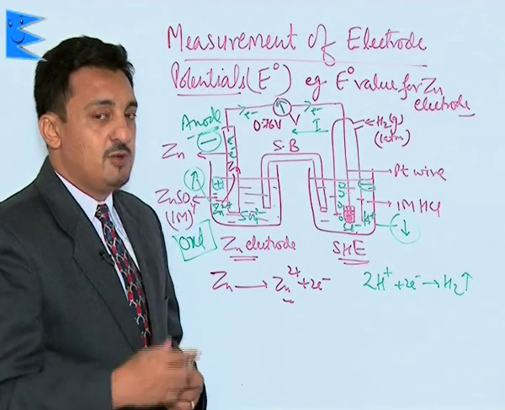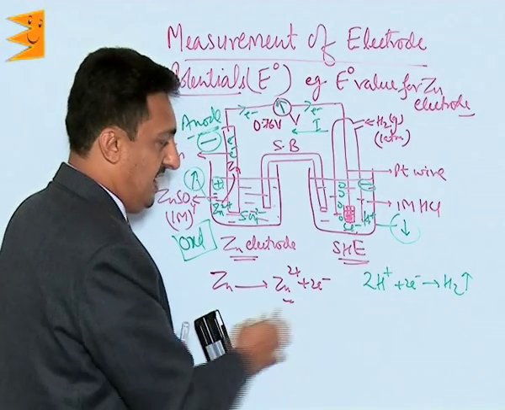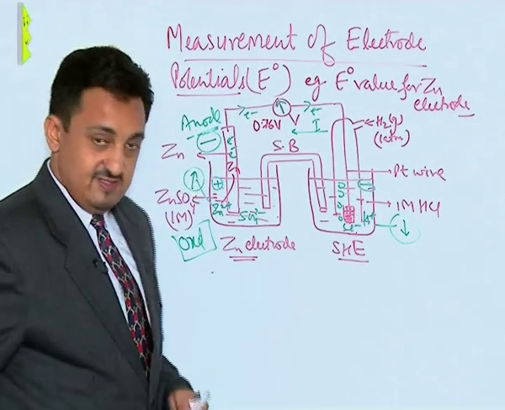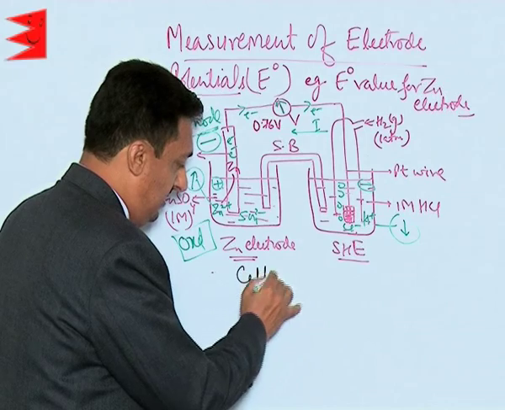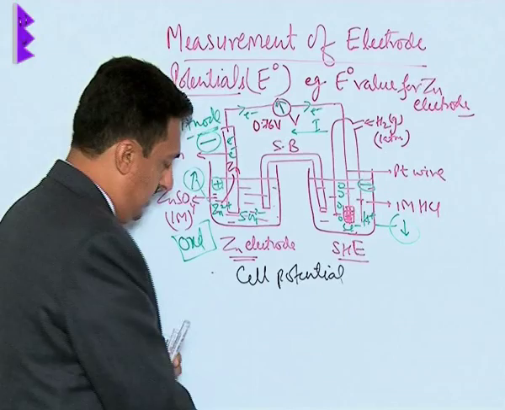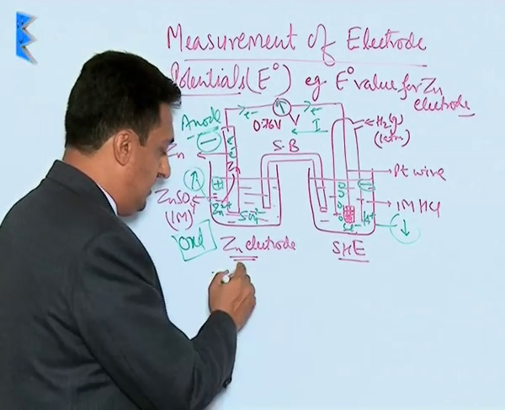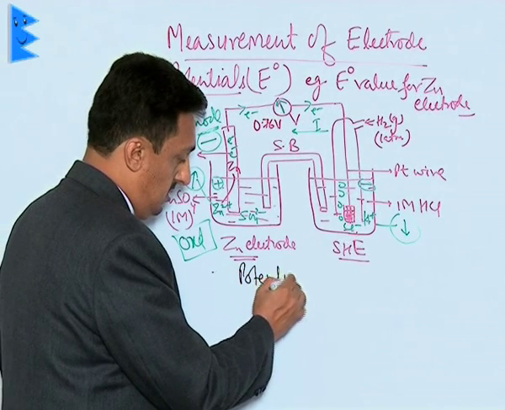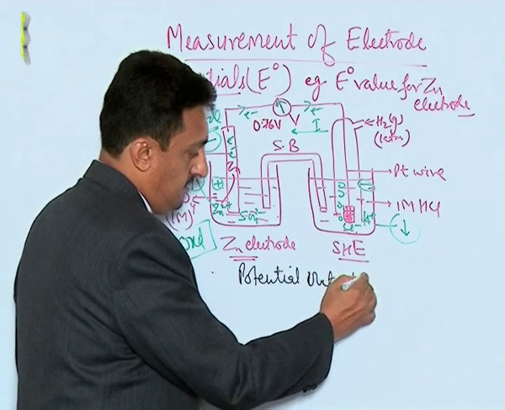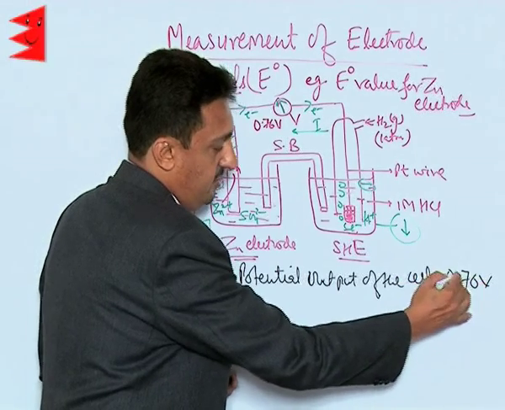Now what is most important to understand in this is that these are the two half reactions which take place. What is most important to remember in this case is that the cell potential, or rather I must not use these words because they must be described properly, so I can write the potential output of the cell was found to be 0.76 volt.